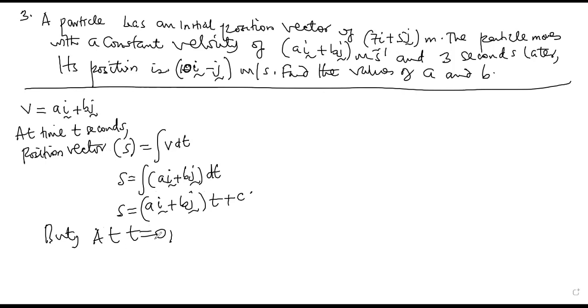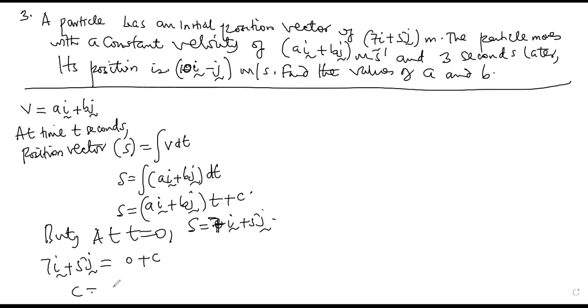So it would imply that at time equal to 0, S was equal to 7i plus 5j. When you substitute here, you have 7i plus 5j is equal to, all of this would be 0 plus a constant.